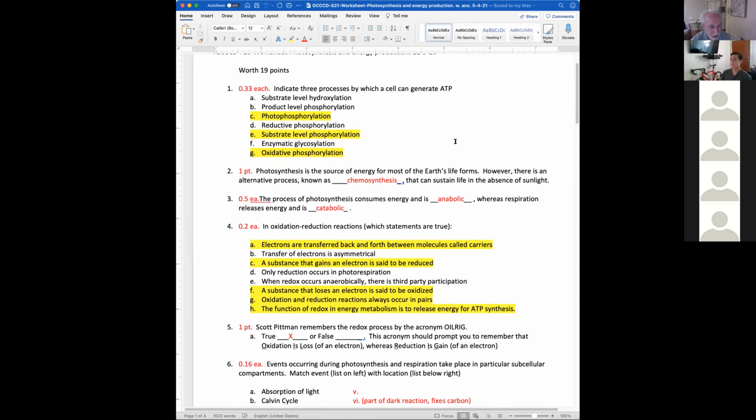Number 2, another source of energy for Earth's life forms is chemosynthesis. And then number 3, there are 2 possible answers here. About half of you had what I was expecting, that photosynthesis consumes energy and is anabolic, whereas respiration releases energy and is catabolic.